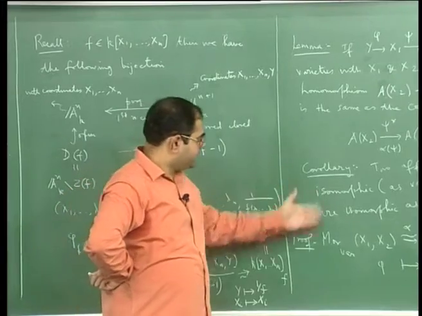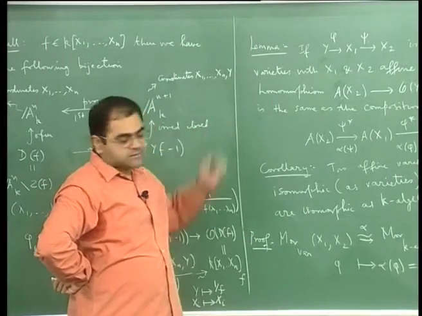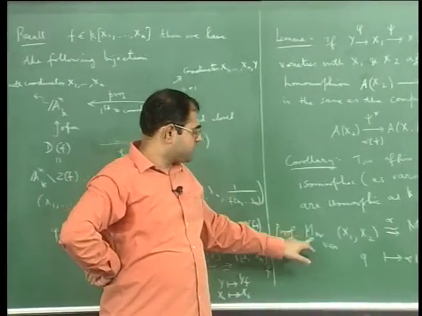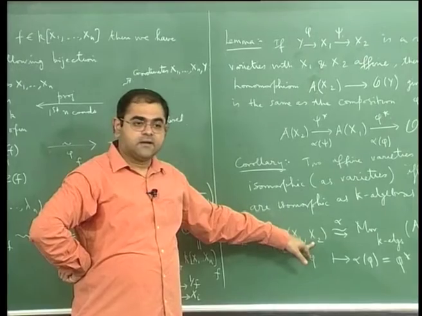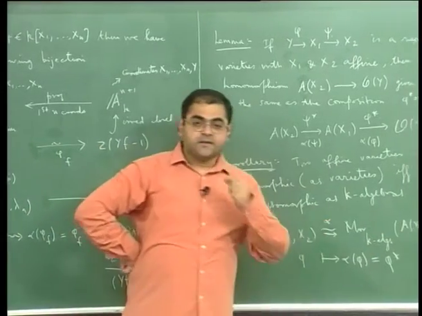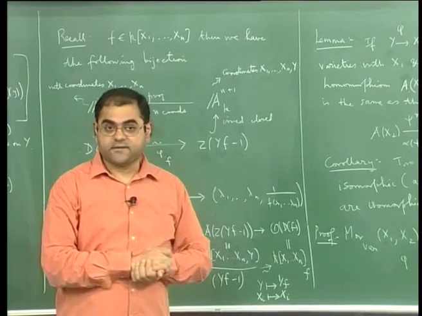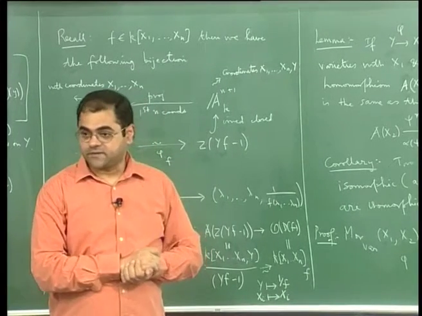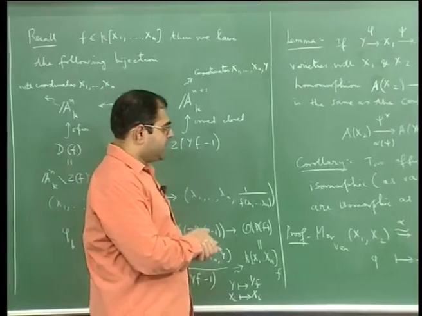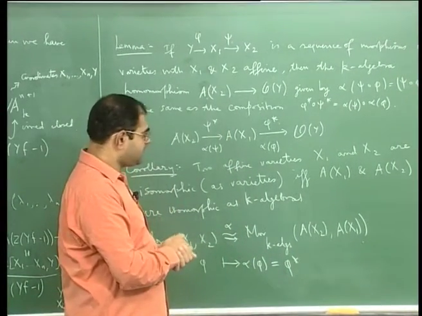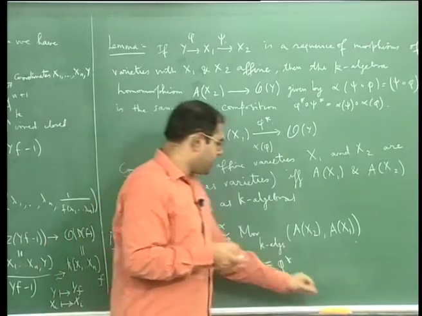So you get this corollary as a result of this lemma and the earlier theorem that morphisms into an affine variety are in bijective correspondence with K-algebra homomorphisms from the polynomial functions restricted on the affine variety. So this completes the statement that we have an equivalence of categories.